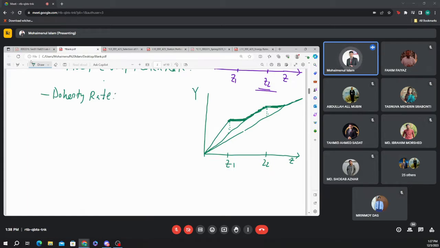So Doherty rate, the graph or equation is dx plus ez plus c. So what should the graph be then? The graph should be like that.